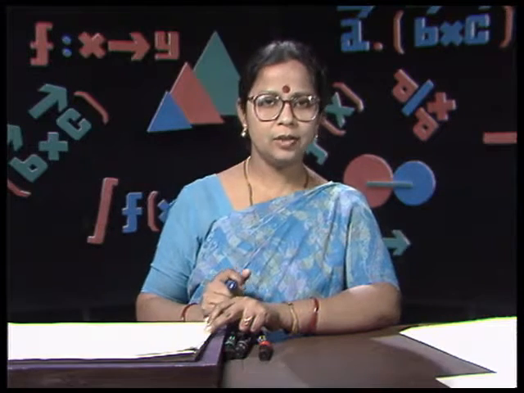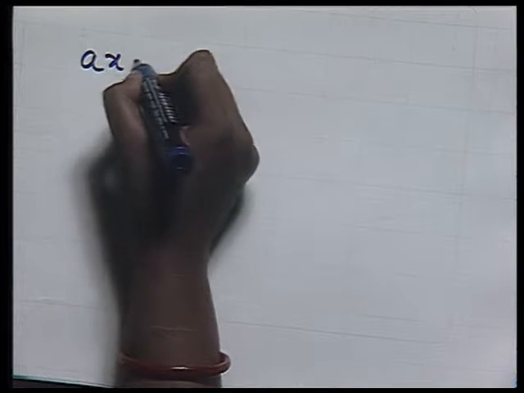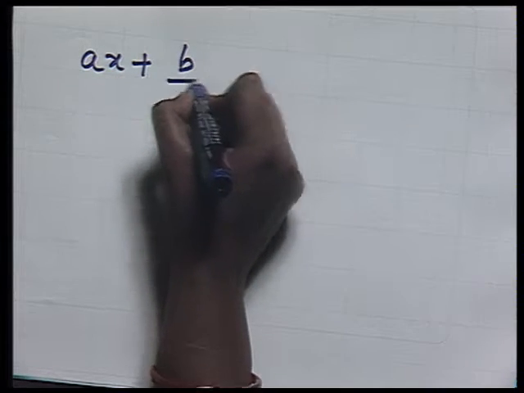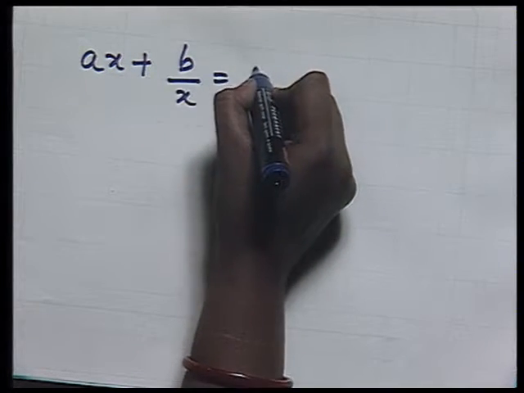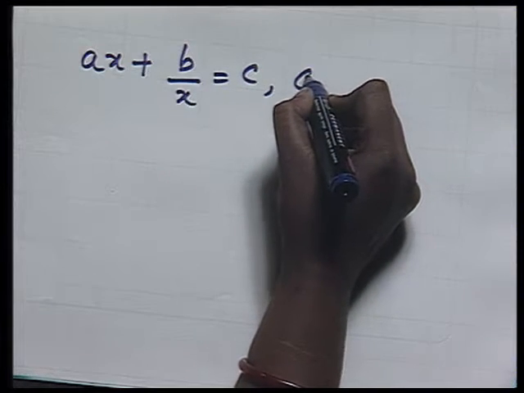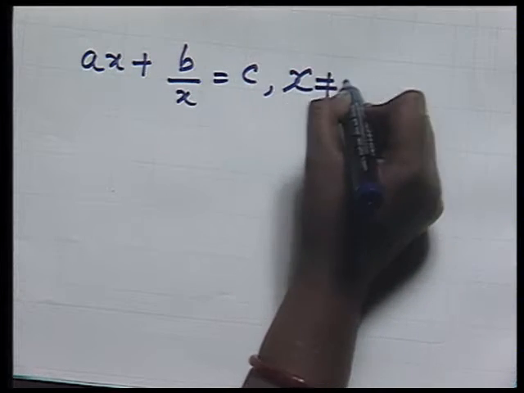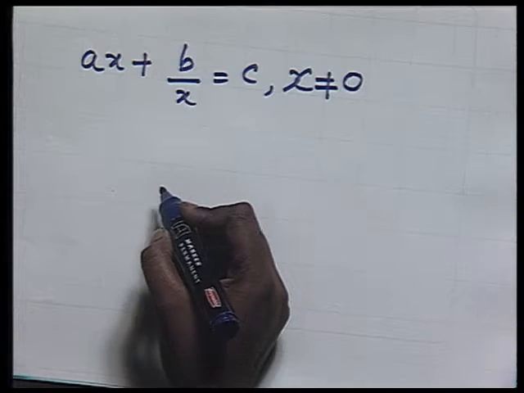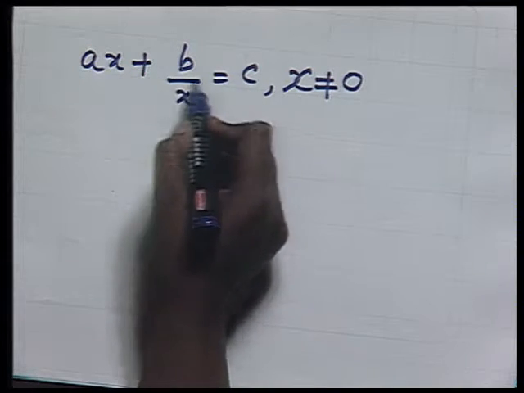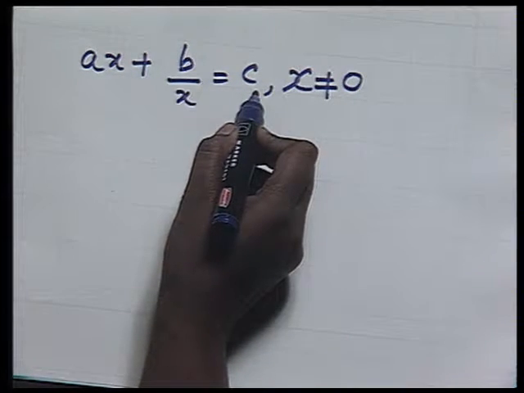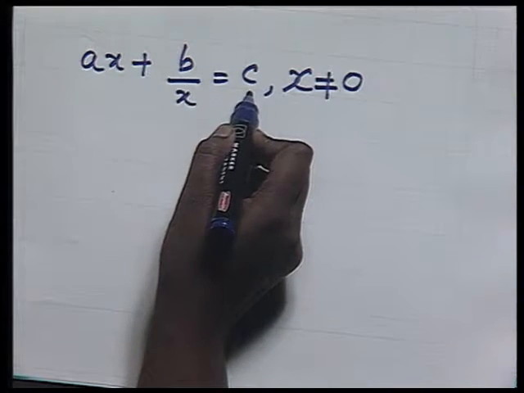Thus, we find that we can find the solutions of equations of the form ax plus b upon x is equal to c, where x is not equal to 0, by multiplying both sides of this equation by x. That gives us a quadratic equation.